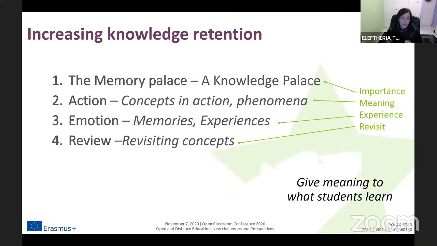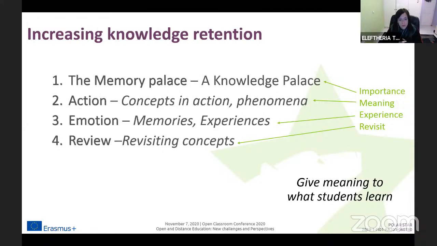We're going to try and give meaning to what students learn, give a context to the concepts that we teach through action based on phenomena, real life phenomena and everyday life. We're going to tackle experience using emotion and students' memories.